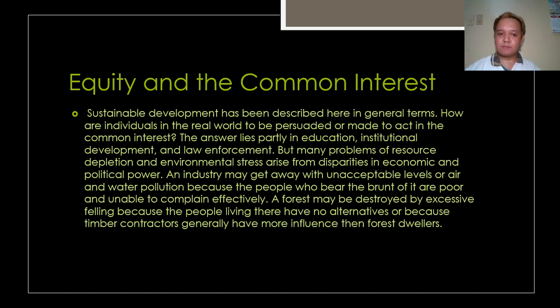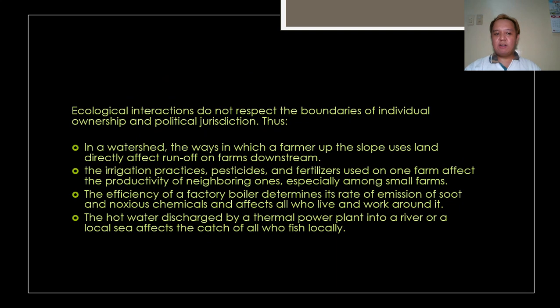Okay. Ecological interactions do not respect the boundaries of individual ownership and political jurisdiction. Thus, in a watershed, the ways in which a farmer up the slope uses land directly affect the runoff on farms downstream.